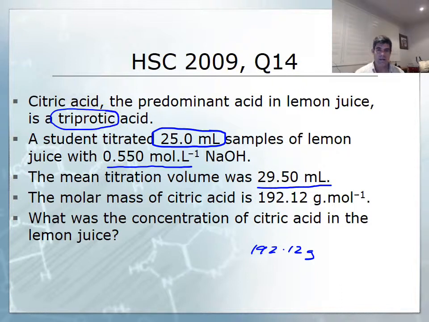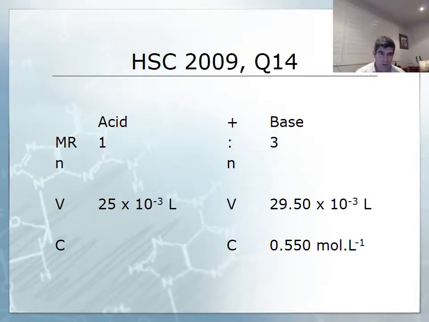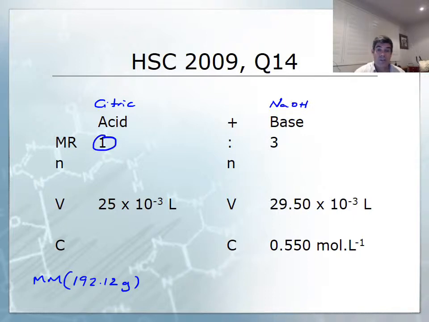So let's see if we can keep all of these things in mind and move on to the final slide. I'm going to put down here 192.12 grams for the molar mass of the citric acid. So here, this is citric acid. We know citric acid is triprotic, and because we're titrating against sodium hydroxide, the mole ratio is going to be 1 to 3 this time.